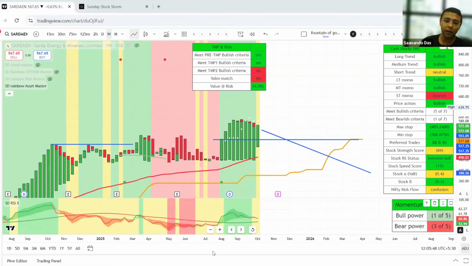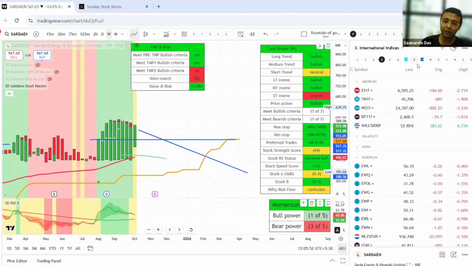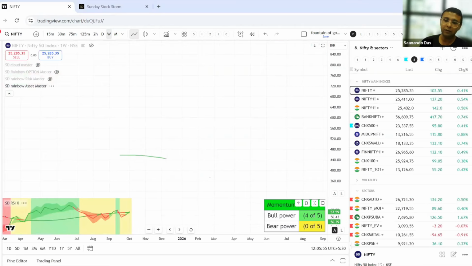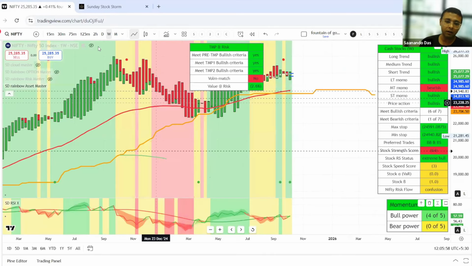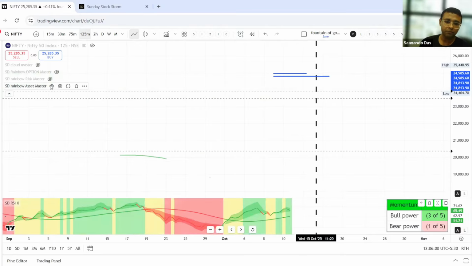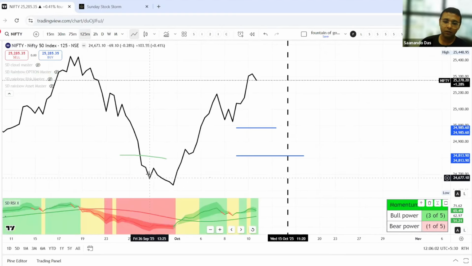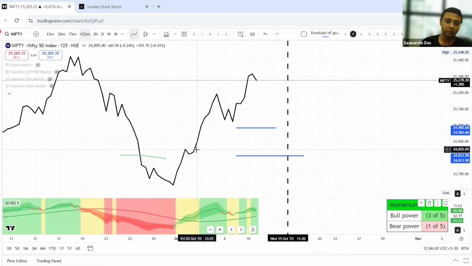Inverted head and shoulder pattern is one of the best patterns, and you should practice it diligently first and know about them. I've covered this pattern in my Sunday stock storm. Look at the inverted head and shoulder pattern in Nifty. These are one of the best patterns to do your investments.